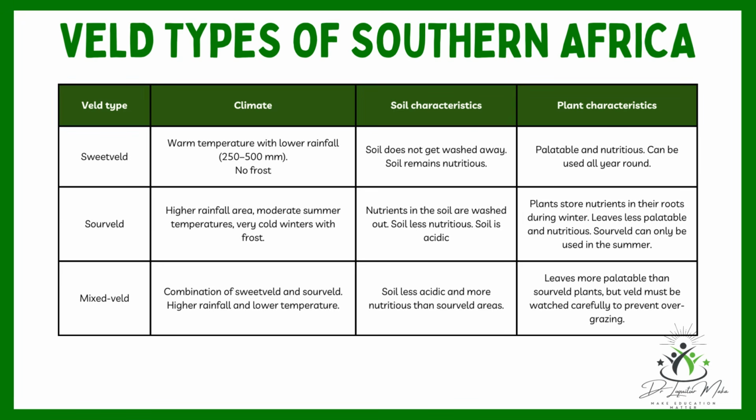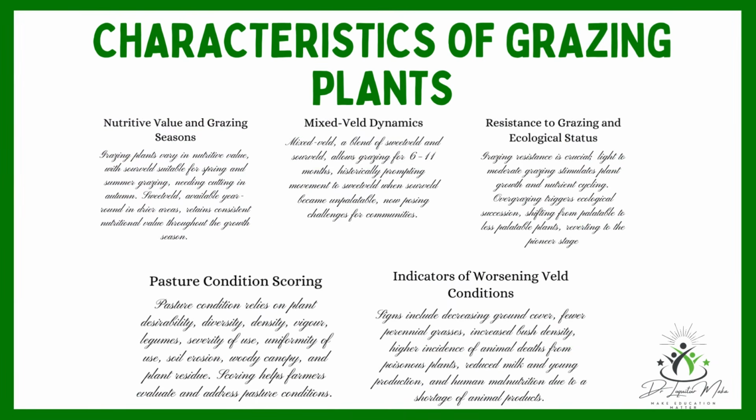for grazing. Now let's look at the different characteristics of grazing plants. We are almost done, guys. We've got the nutritive value of grazing plants, mixed veld dynamics, the resistance to grazing and ecological status, pasture condition scoring, and also the indicators of veld conditions.